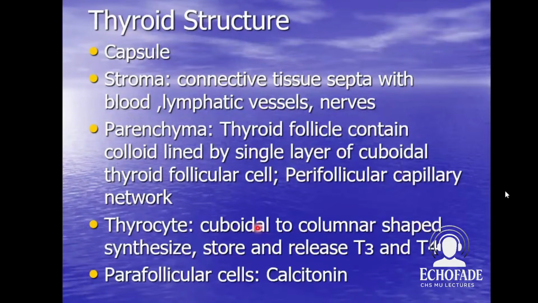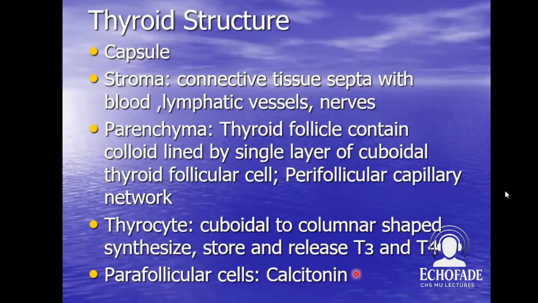Between the follicles and also sometimes embedded between the follicular cells, we have C cells, also called parafollicular cells. Parafollicular cells secrete a hormone called calcitonin. Calcitonin lowers the calcium levels in blood.